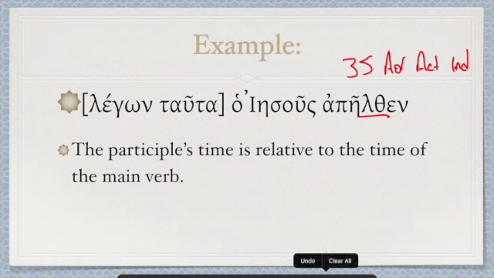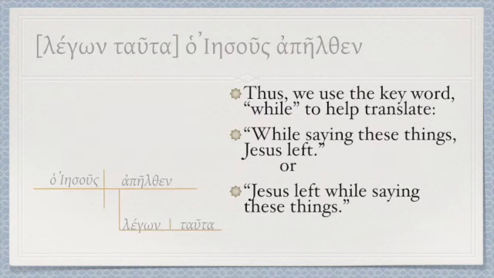And so a good rule of thumb is to translate our participle with the key word while. And so while saying these things, Jesus left, or Jesus left while saying these things. That's how we're going to bring that out.